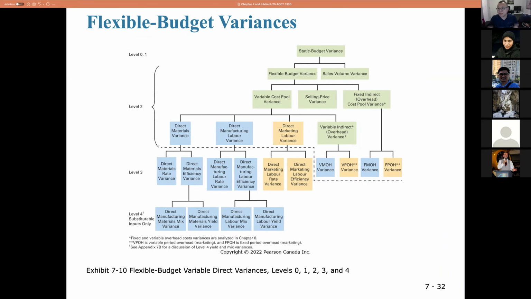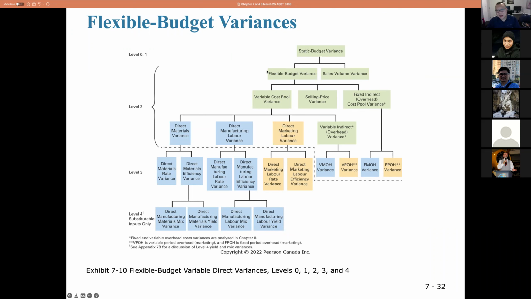You may make a budget for producing 1,000 pieces of the product, so that budget is static because it's only for one specific production level. The actual cost versus that budget is the static budget variance.